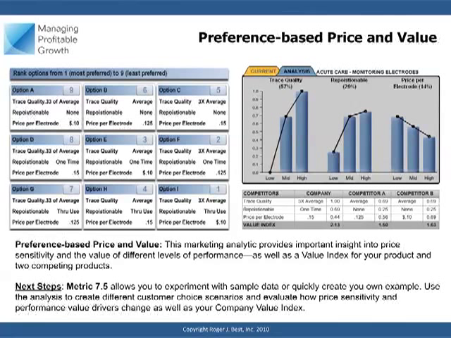Of course, if your value index is much lower than competitors, it's unlikely you would capture much share with the current positioning strategy. Metric 7.5 provides an easy way to understand customer price sensitivity and how performance is valued. While these are ultimately your perceptions of how customers would rank price performance options, it's a good place to start.